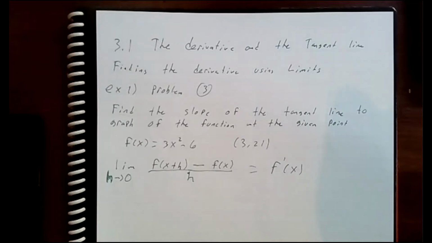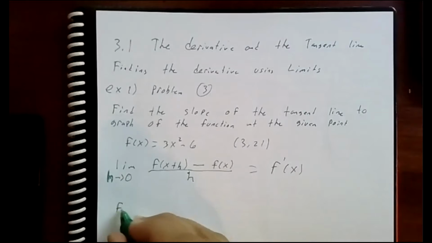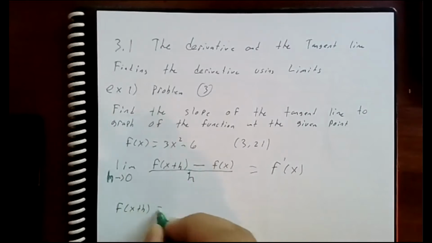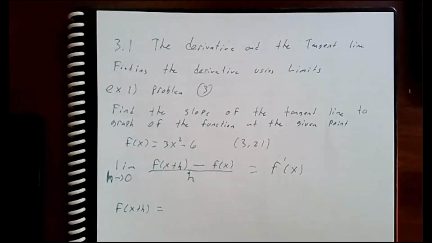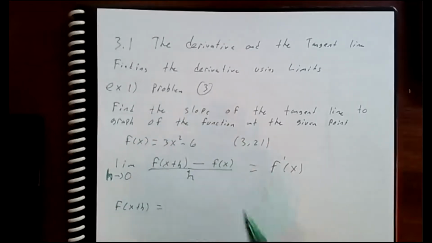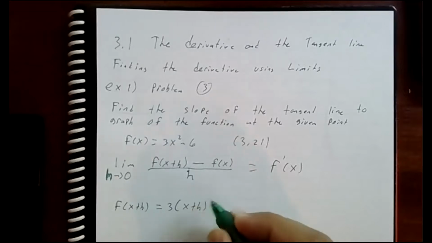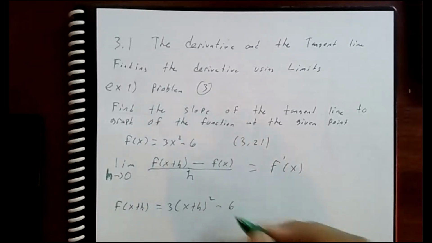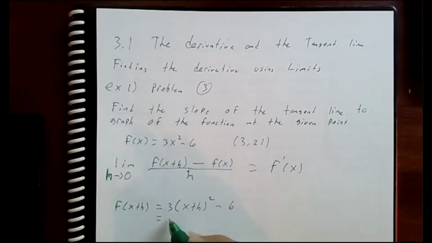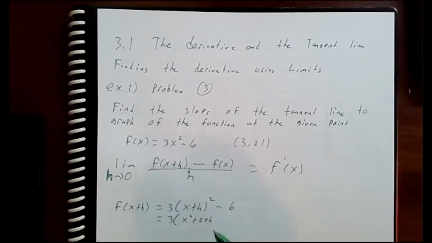All right, so what I recommend is find f of x plus h first, because if your algebra is not the greatest, let's do it all piece by piece just in case. If you're a pro, you can do it all at once. It doesn't matter to me. So I'm doing this piece first. FOIL that out, multiply it out. That's x squared plus 2xh plus h squared, times the 3 still in the front.